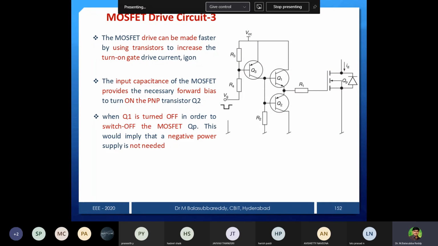Q1 is turned off in order to switch off the MOSFET. A negative power supply is not needed, and this way we can turn on the device. If asked for driver circuits, these three simple circuits with a small one or two line explanation can be given. This is for either IGBT or MOSFET.